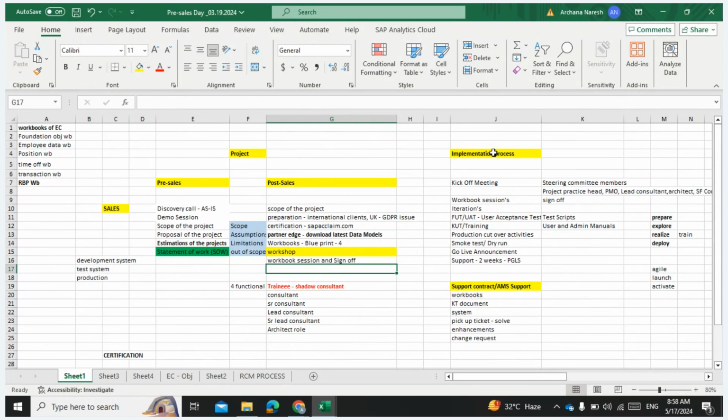This is called a mini project in SuccessFactors. Data load is a mini project in SuccessFactors, because in my experience we have loaded 78,000 records into the system. It took us easily six months, because they don't have the data in the format that we want.